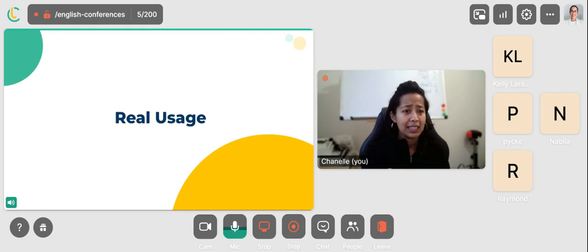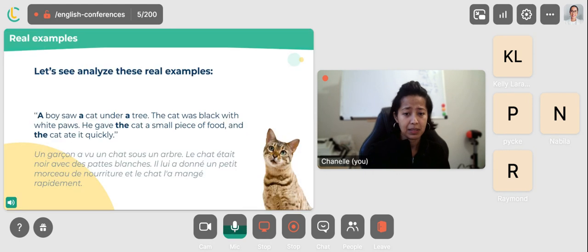When we look at real usage, let's look at some examples. Let's see you analyze these real examples. A boy saw a cat under a tree. The cat was black with white paws.